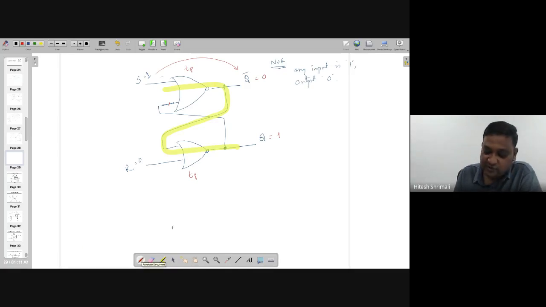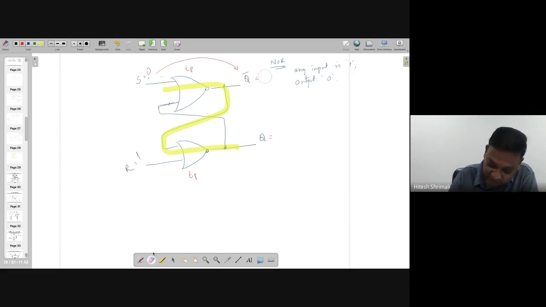So the worst case propagation delay is 2 TP, and you have to check the output after 2 TP. If you check the output before 2 TP, you are going to see misleading results that are not the correct one. That you should not see. Similarly, if it is 1 and 0, the same thing will happen and the results will be flipped.